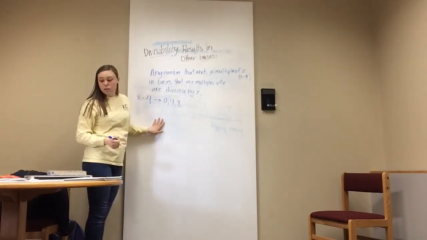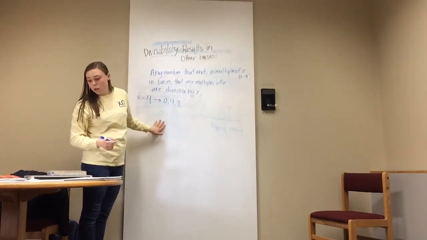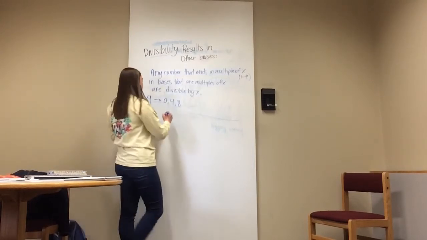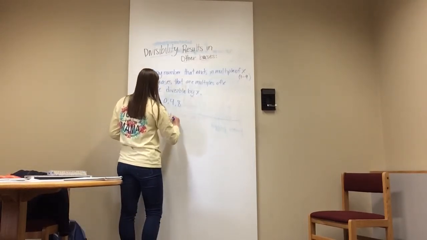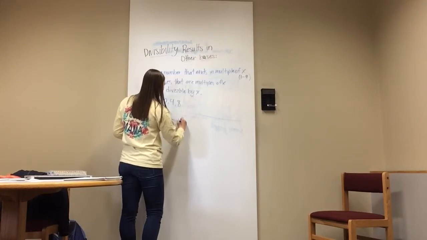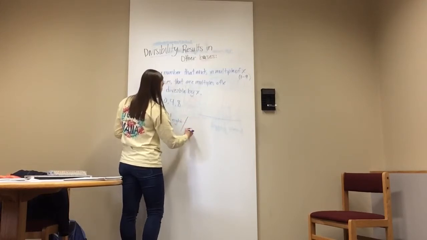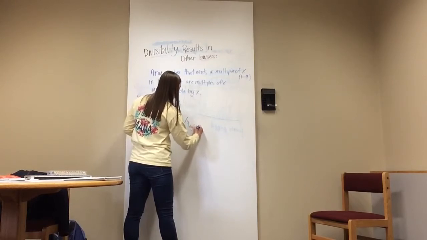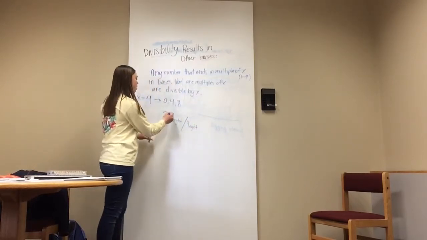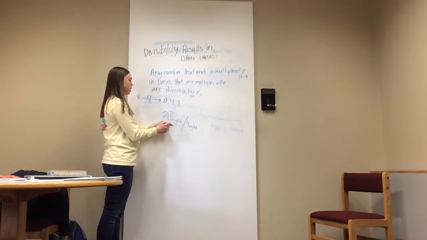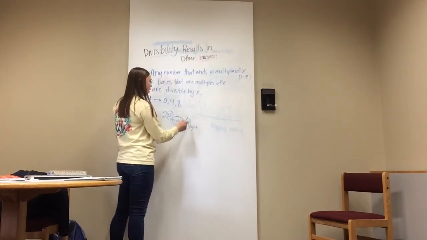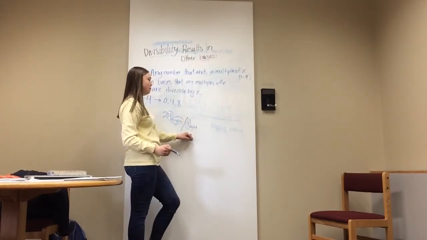So if we look at 24 in base 8, and we're dividing that by 4 in base 8, we see that we have a multiple of 4 here in our ones place, a multiple of 4 in our base, and a multiple of 4 in what we are dividing by.